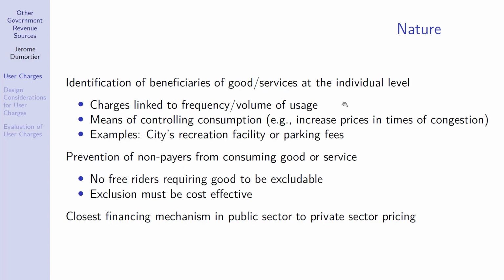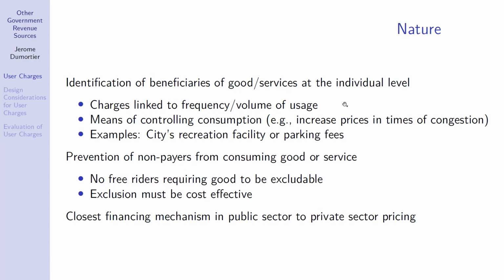Examples of user fees, or user charges, we have seen on the previous slide, and also include, for example, if the city owns recreation facilities. In order to impose user charges, you actually have to make sure that you can prevent non-payers from consuming the good or service.